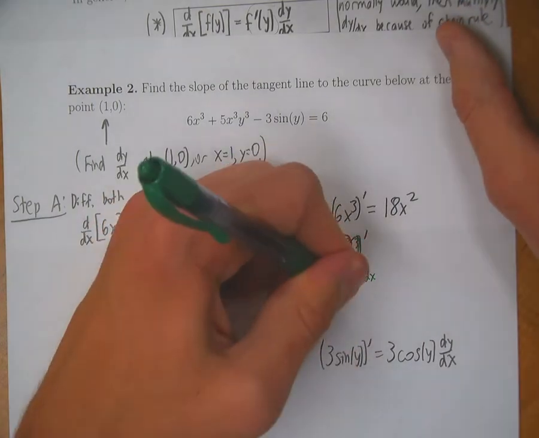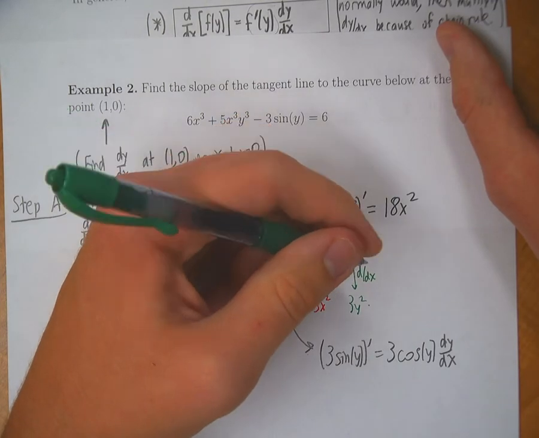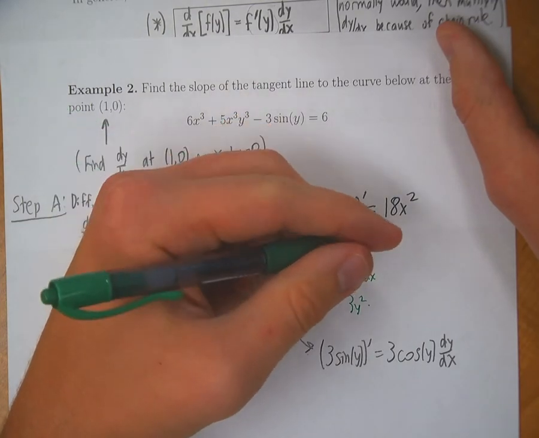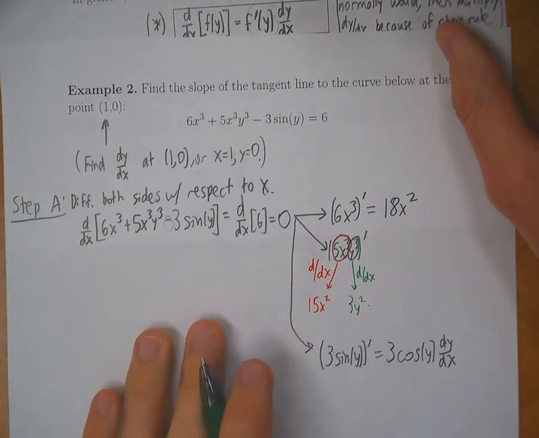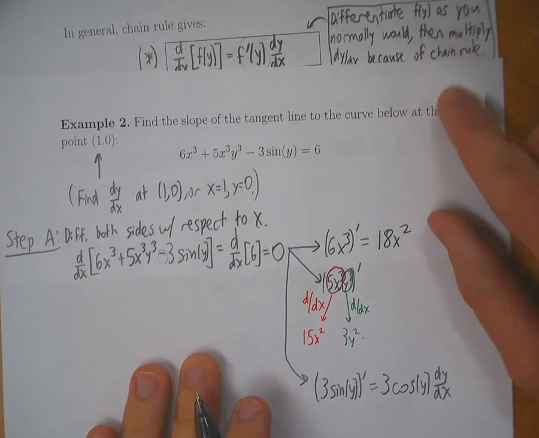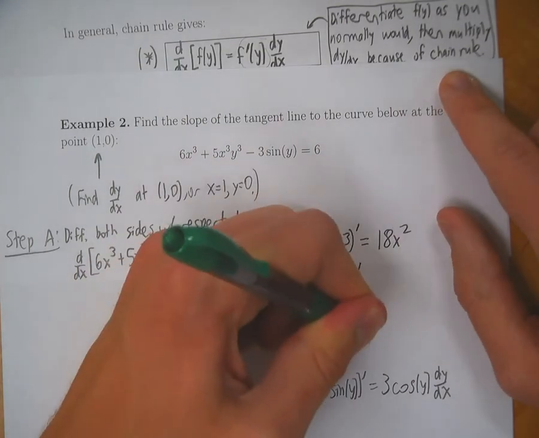Yeah, 3y squared times dy over dx. So differentiate like you normally would, then you add dy over dx.